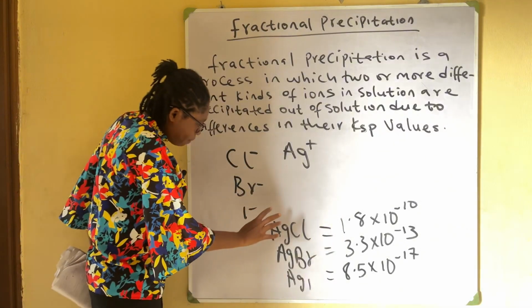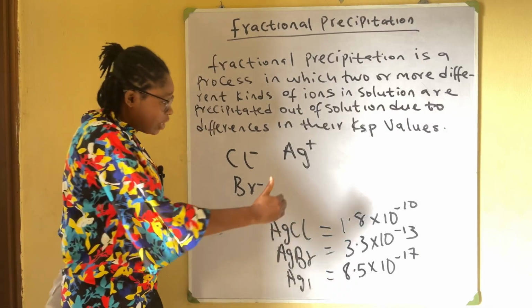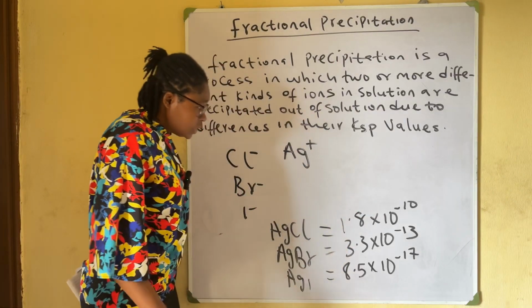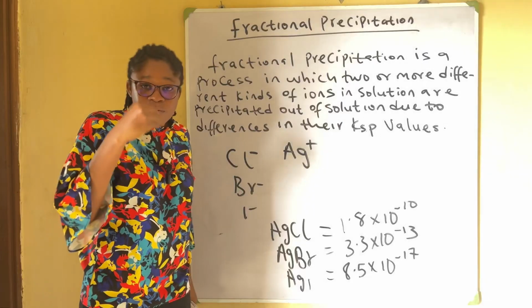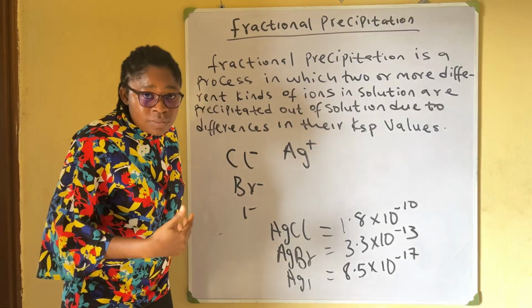Which of these will be precipitated out of solution? Look at the respective Ksp values. The one with the lowest Ksp value is the one that will be precipitated out of solution. Take note of that.